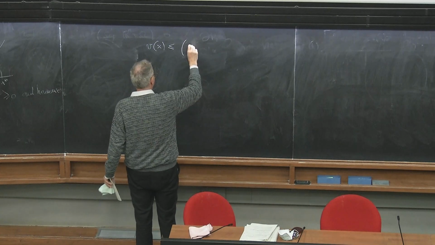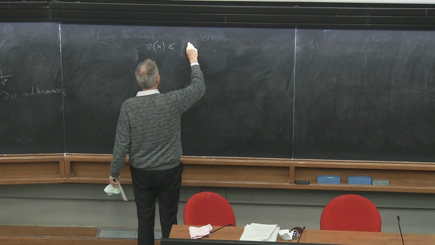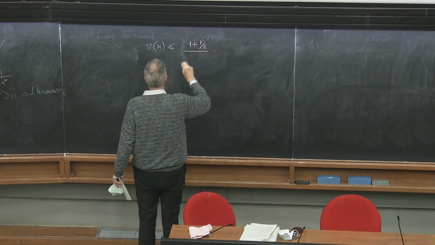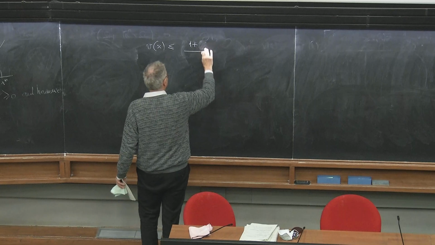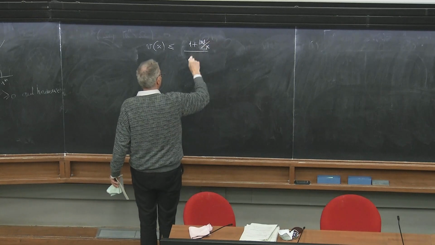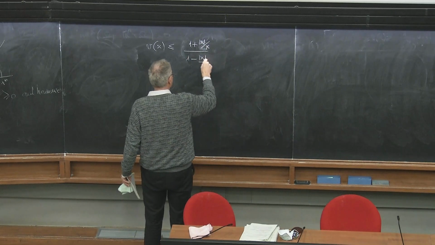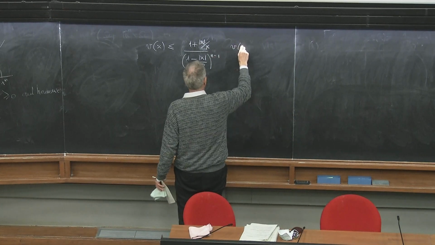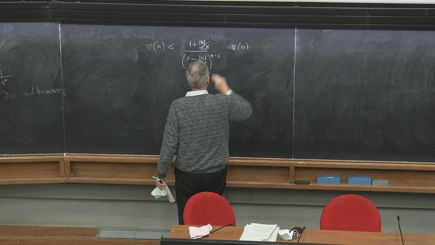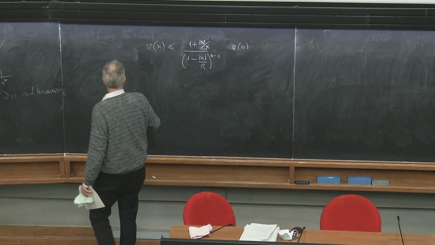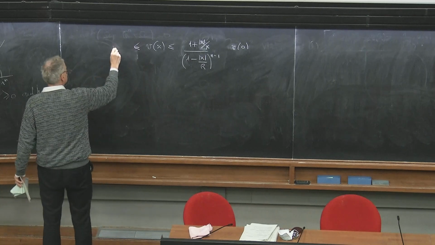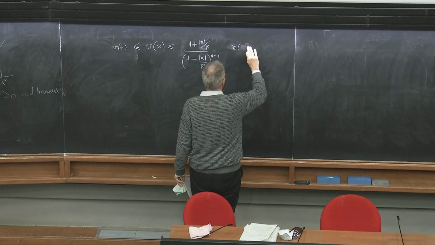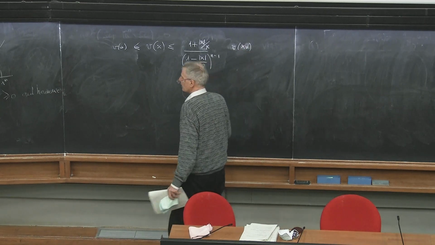It was 1 plus |x| over R, and now I use it with the interesting x, with center x0, larger or equal than V of x0, because the center now was called x0.